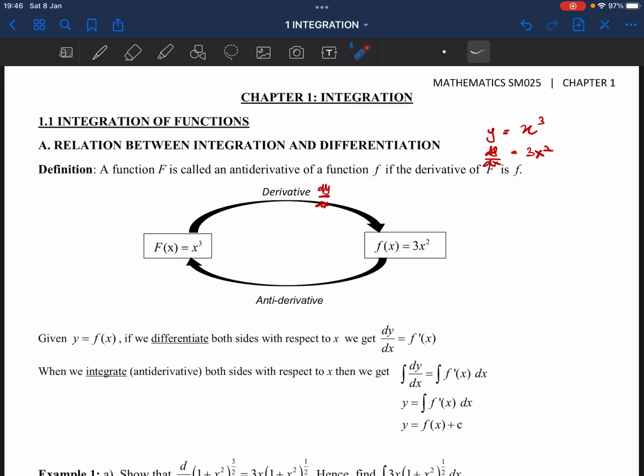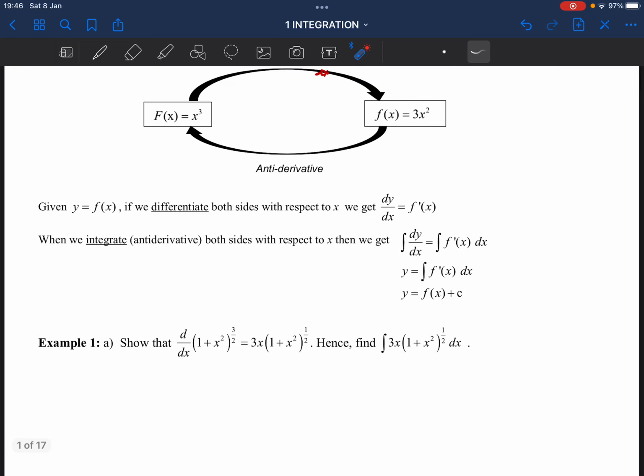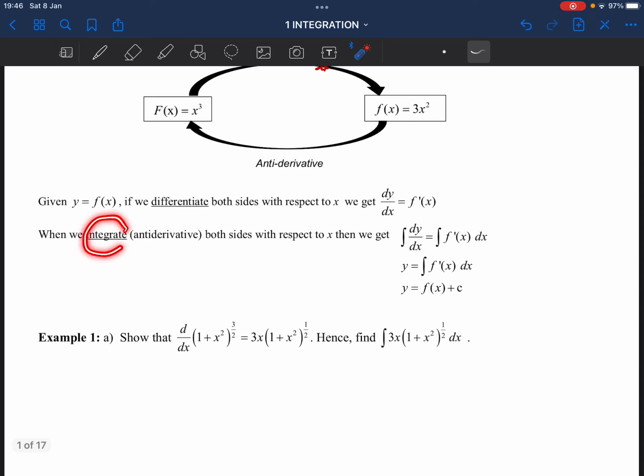Integration is just the vice versa of differentiation, which means if you integrate 3x squared, you are going to get x cubed. That means integration is anti-derivative. We anti-derivative both sides and you are going to get this.